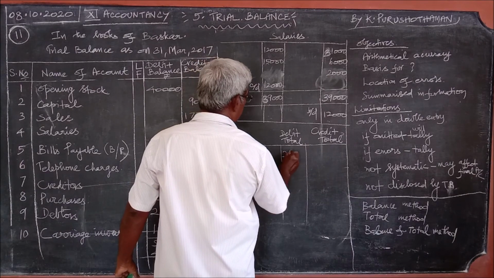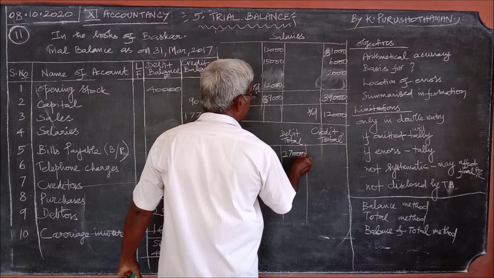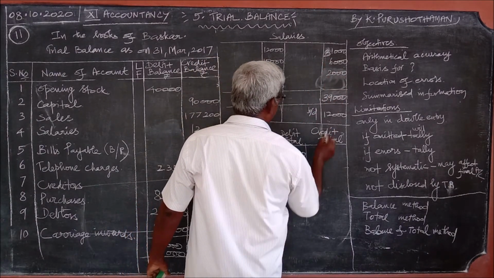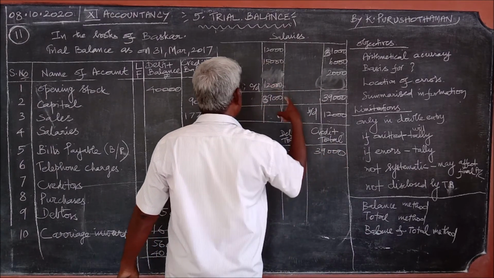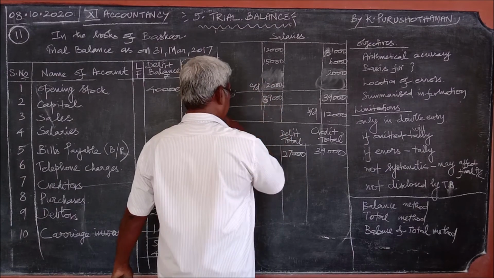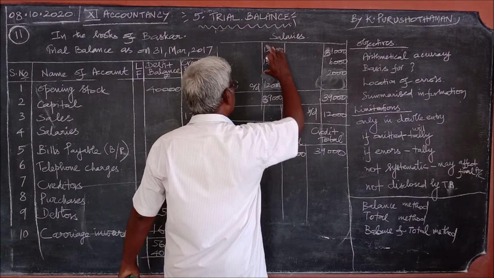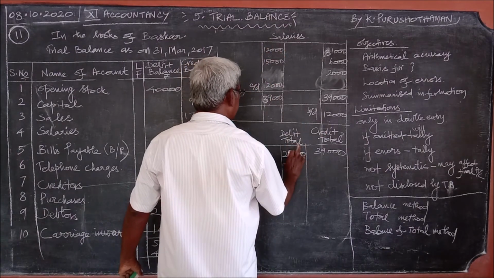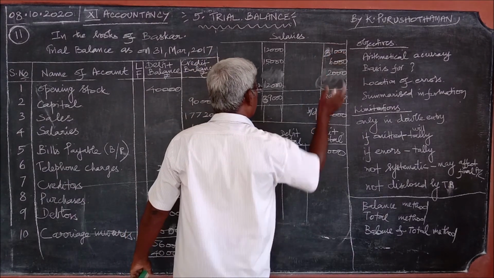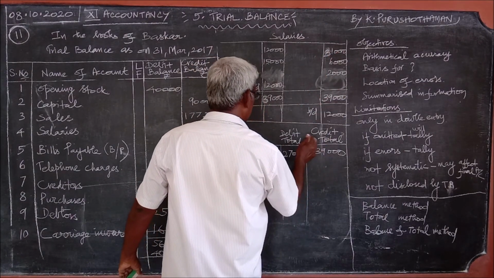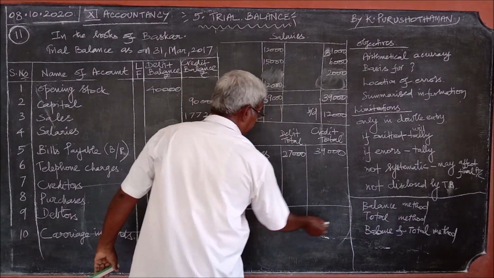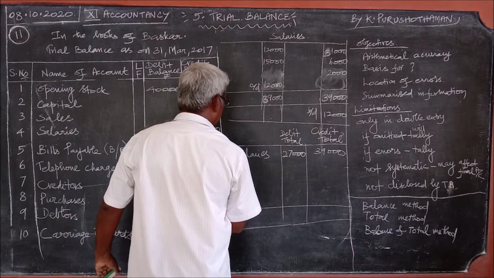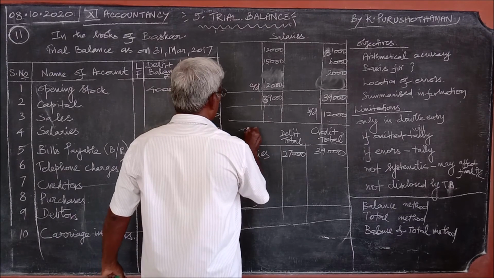Debit total 27,000. Credit total 39,000. You write like this. Instead of finding the balance amount, exact debit total on the debit, credit total on the credit. So you write the totals like that, and in this also finally you will get the equal total. This is called total method.